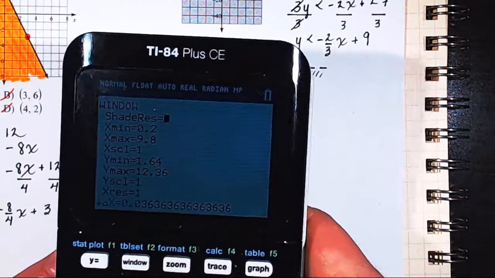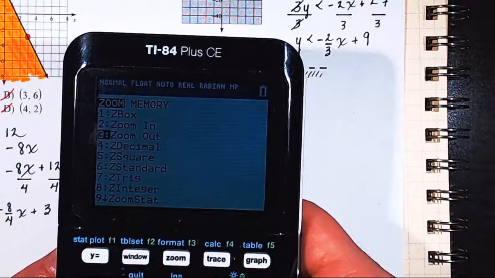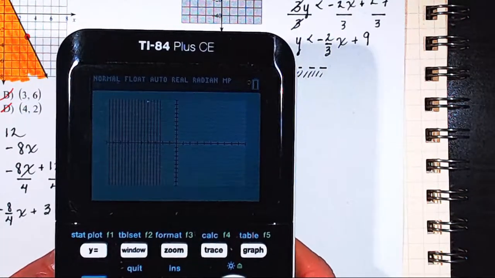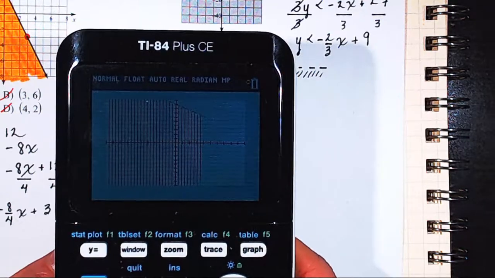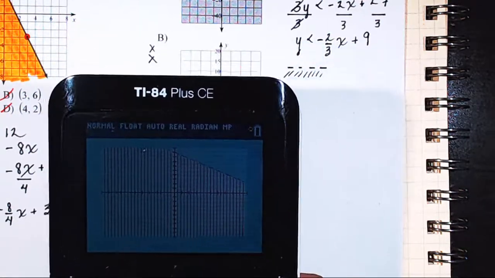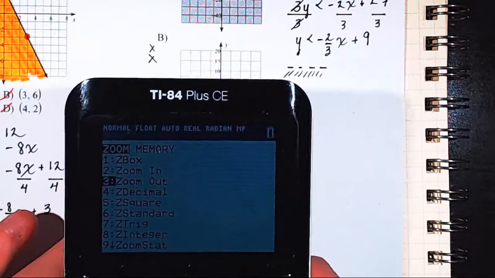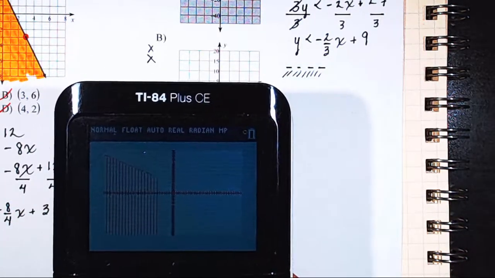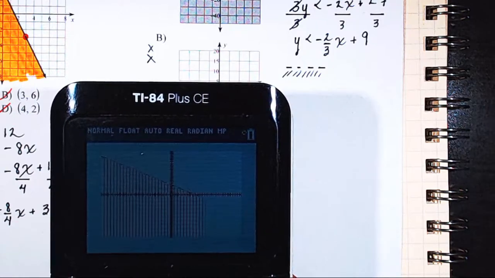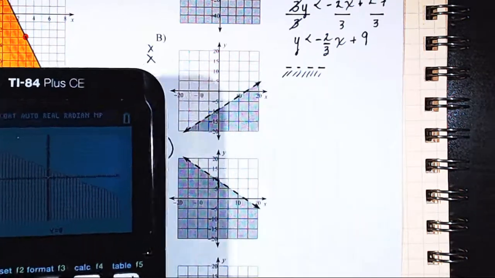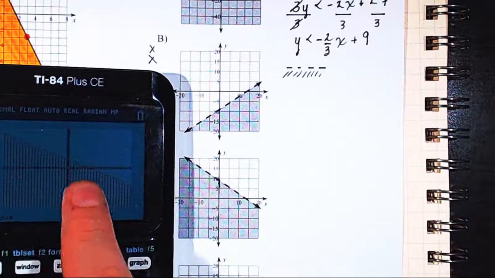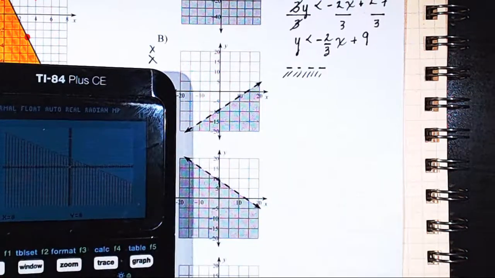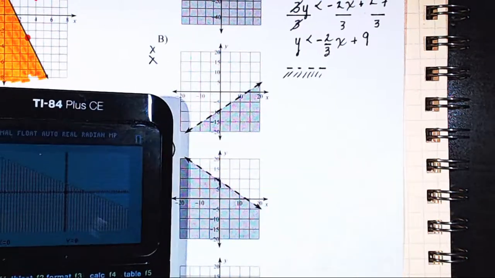And then I need to reset my window. Let me just zoom standard here. Let me zoom out 1 so you can see the whole thing. And that's showing us the inequality graph, downward sloping. The reason they look like they're different angles is because my window is different.